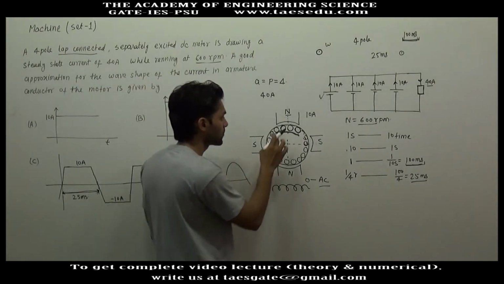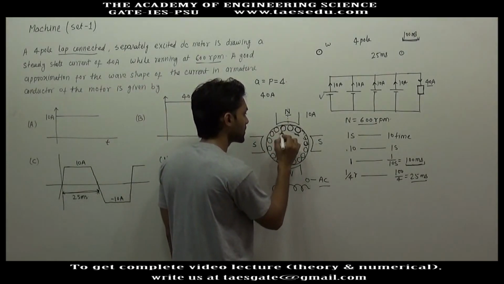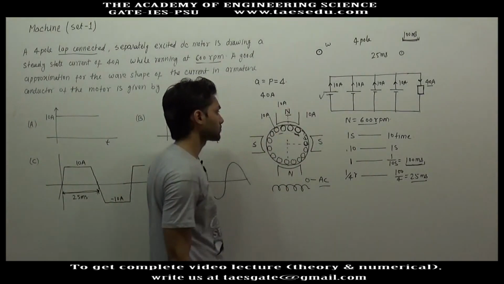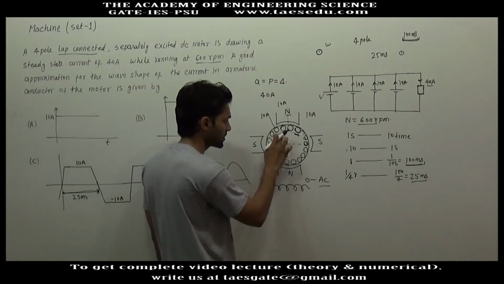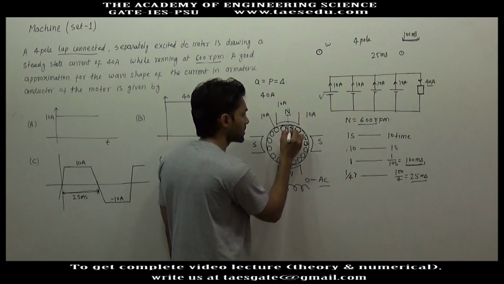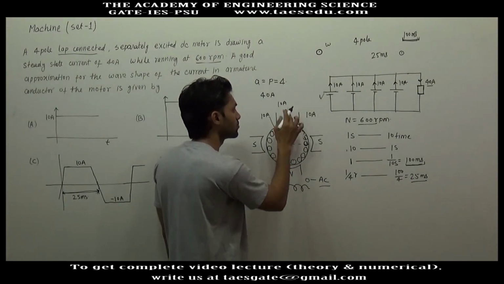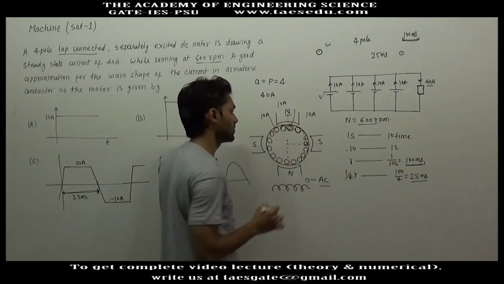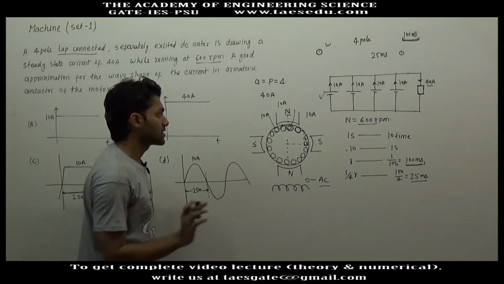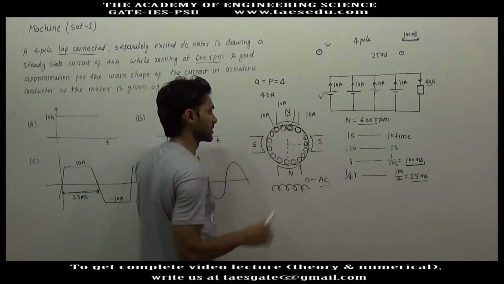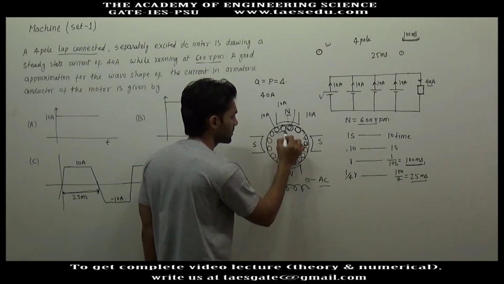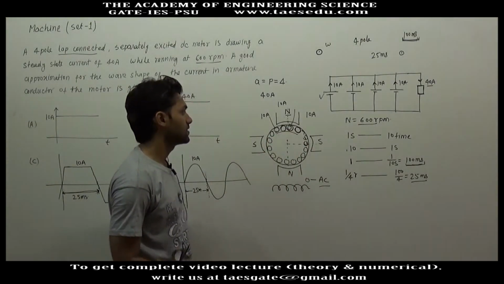The voltage generated in each conductor will be different, because let's say this conductor is completely influenced by the north pole, so the voltage generated in this conductor will be maximum and the voltage generated in this conductor will be somewhat less than in this one. But the current in each conductor will be the same because these are connected in series.